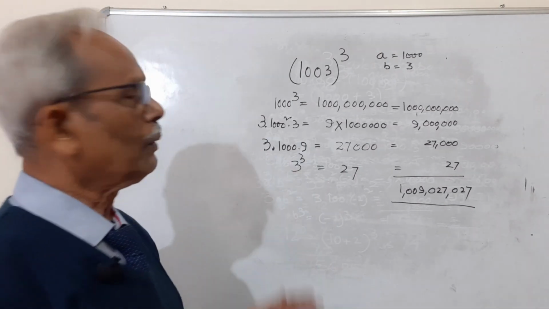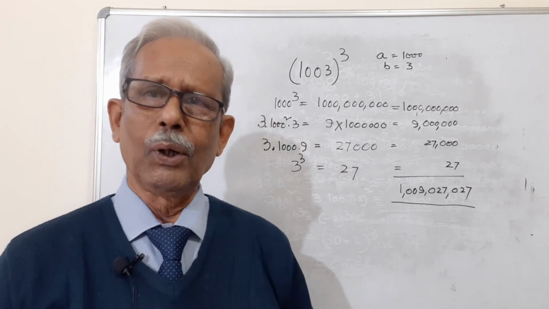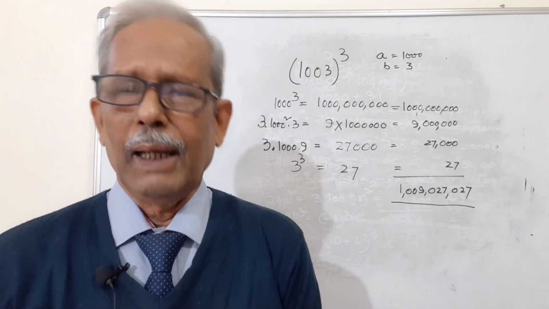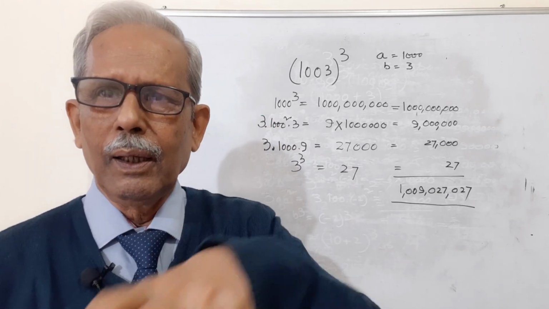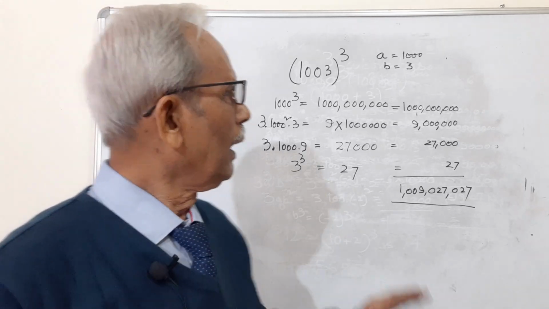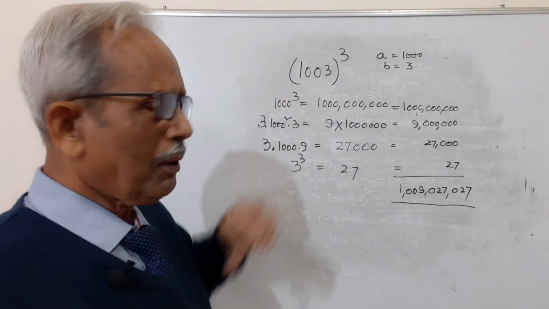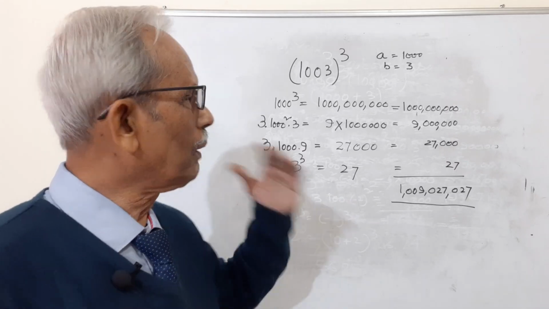I think you have followed the example. It's very simple. Only thing is you have to follow the formula (a plus b) whole cube, and you have to remember whether b is positive or negative. You cannot multiply 1003 into 1003 into 1003, that's a big problem.